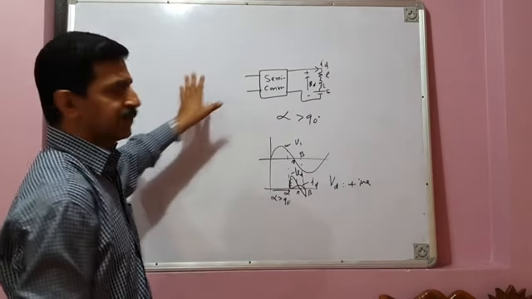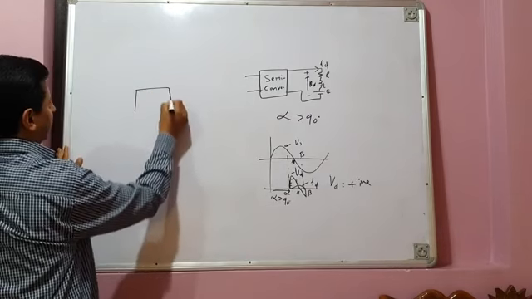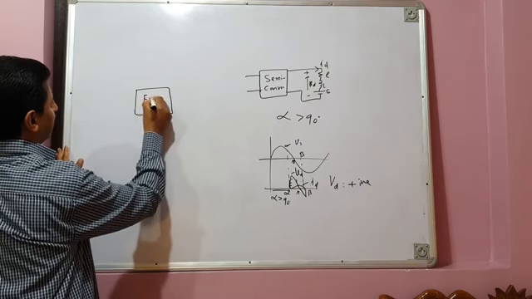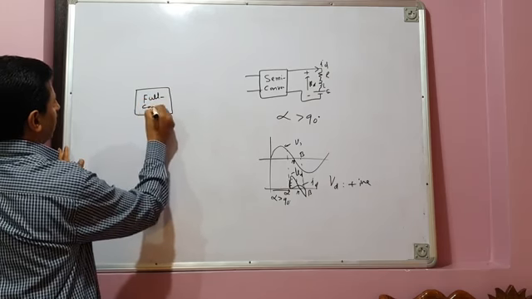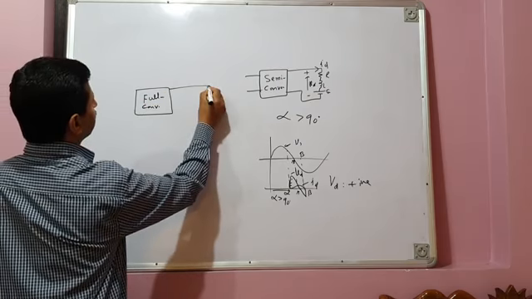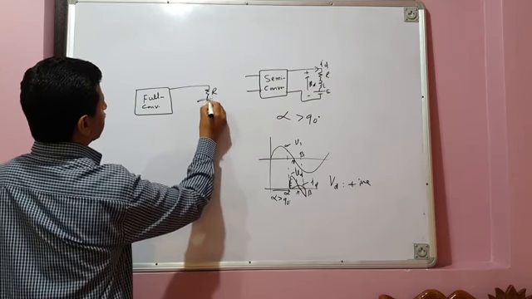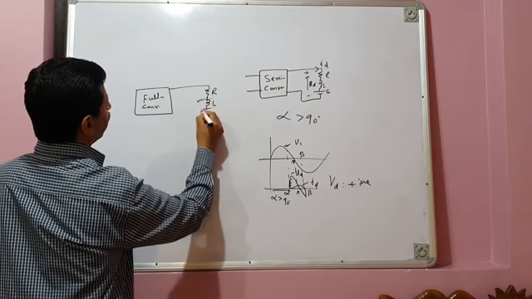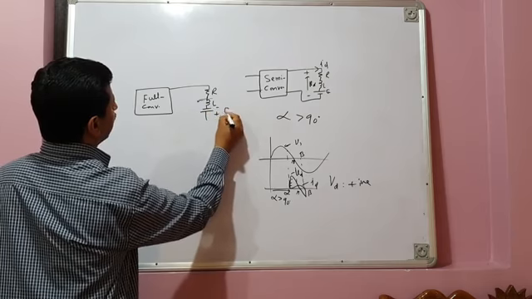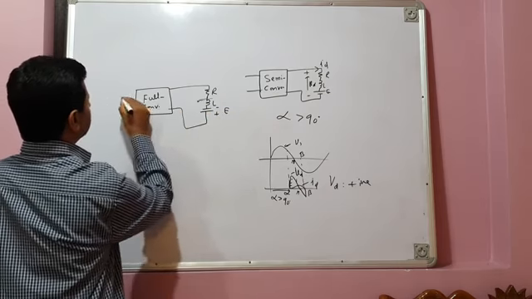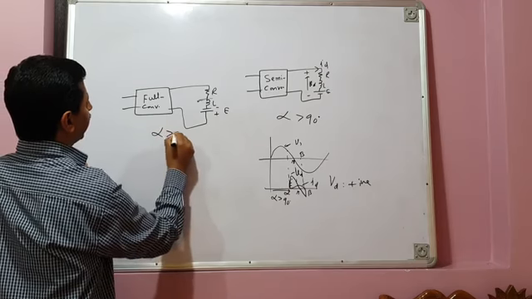That is not the case with the full converter. If you take the full converter, this is R, this is L, and what you do to E is reverse the polarity of E for inversion mode of operation, and you operate for alpha greater than 90 degrees.